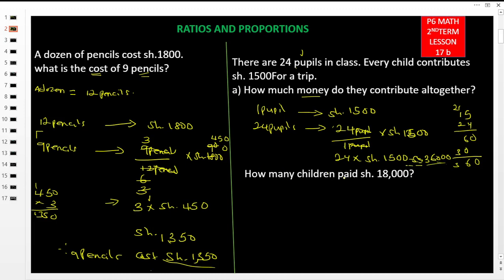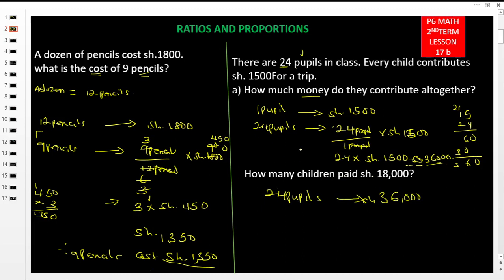Now how many children paid gumu kanana? Now they are asking how many children. Now we know that the children, how many children were they? They were 24. Then the 24, they brought how much? They brought this. Now they are asking for the number of children. So we are going to start with the pupils. We say the 24 pupils, all of them in class, they paid emitwale isatu mukakaga, right? 36,000.